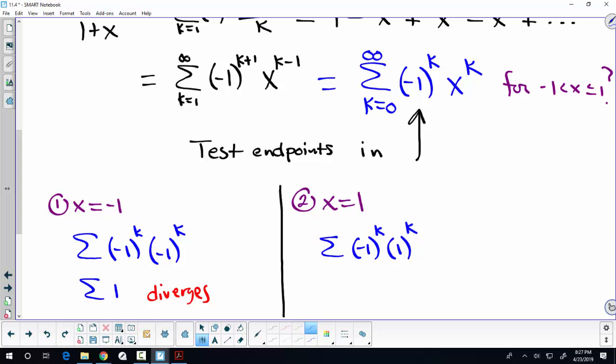Yeah, how do you know it diverges? What is the sum of that, either what or what? 0 or 1, yeah. So this series is equal to 0 or 1, depending on how many terms you add up, right? Since it's not a single finite number, it diverges. It can't converge to both 0 and 1.